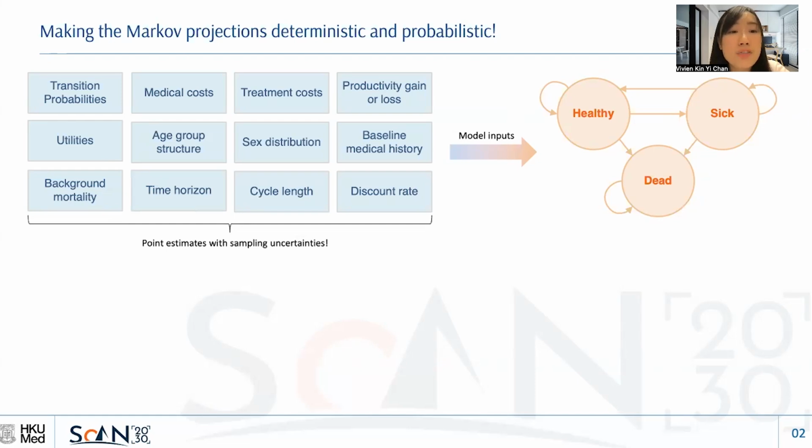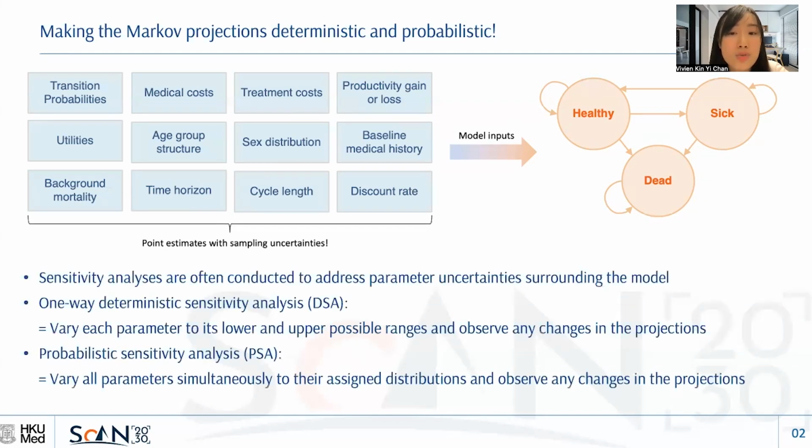Therefore, we often see that published cost effectiveness studies conduct sensitivity analysis to address the uncertainties surrounding the model outcomes. The 2 most common analyses are deterministic and probabilistic sensitivity analyses, commonly called the DSA or the PSA.